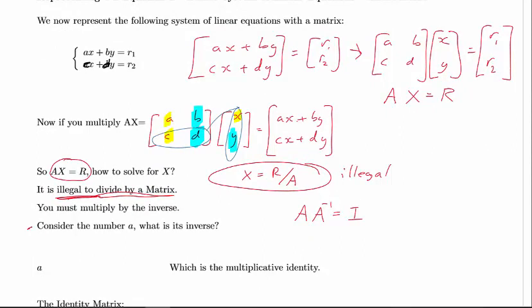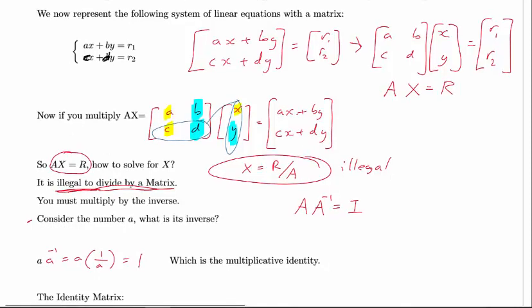So let's consider this. The number a is any number except for 0. What is the inverse of a? So you're multiplying by a to the negative 1, right? Multiplicative inverse, a is just a number. Well, you divide by it, right? 1 divided by a equals 1, which again is the multiplicative identity.